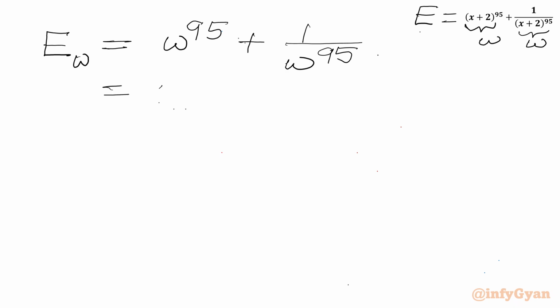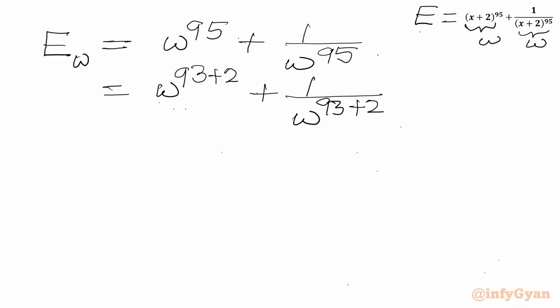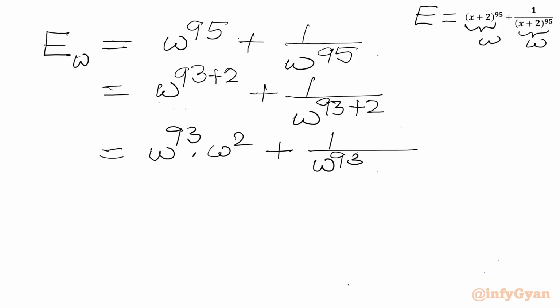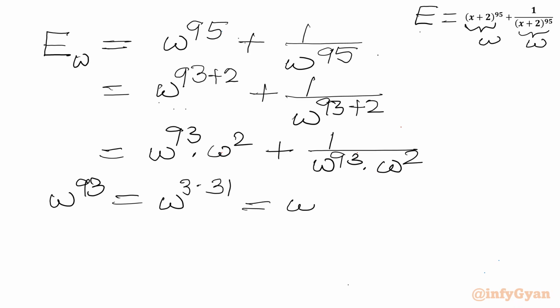Now I can write 95 as 93 + 2. Using the exponent law, I can write omega^93 times omega square + 1/(omega^93 times omega square). Now omega^93, I can write as omega^(3 times 31), which can be written as (omega cube)^31.